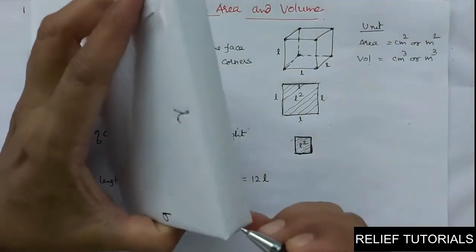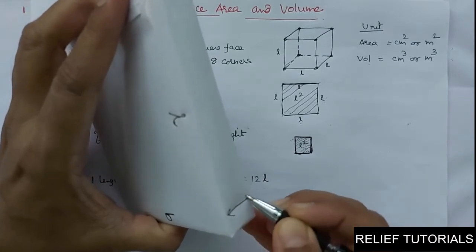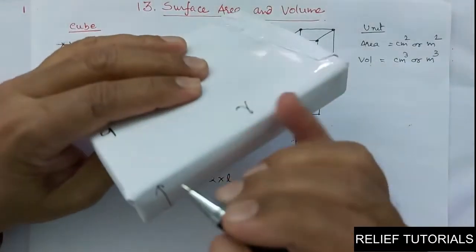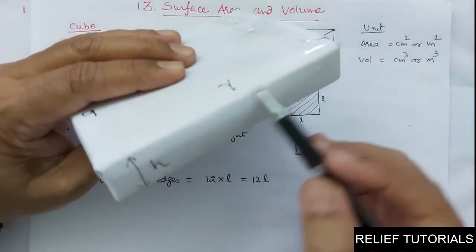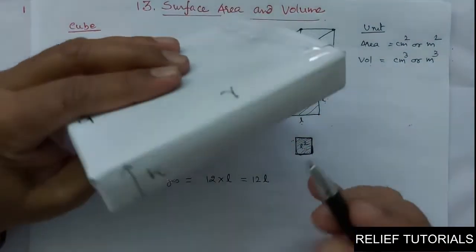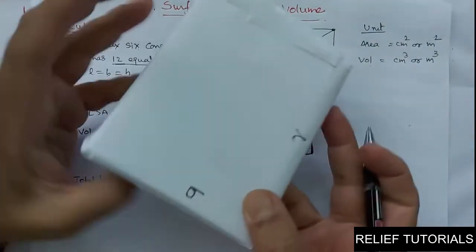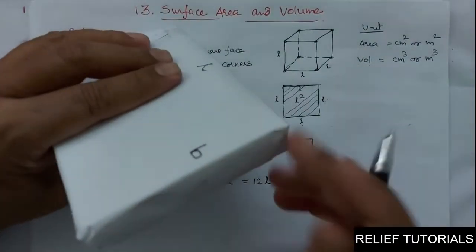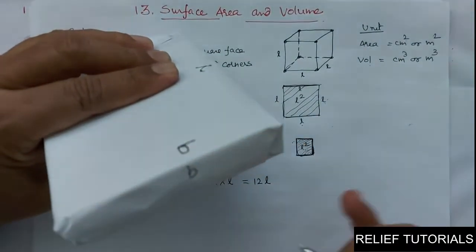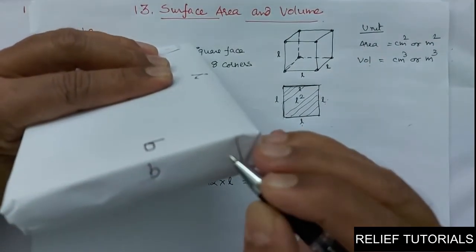See, this is height. This is length. This is length. This is height. This is length. This is breadth. Okay. What about this? This is breadth, and this is height.